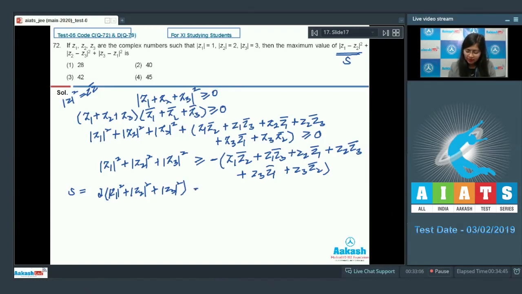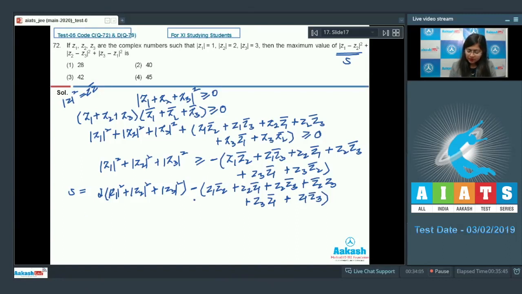Minus 2 times of (z1 z2 bar plus z2 z1 bar plus z2 z3 bar plus z2 bar z3 plus z3 z1 bar plus z1 z3 bar), right?